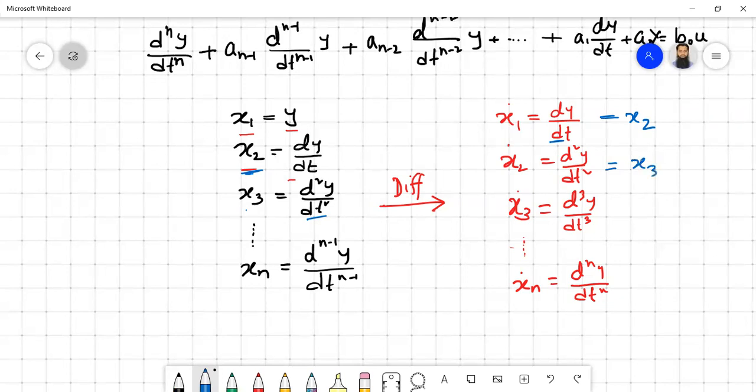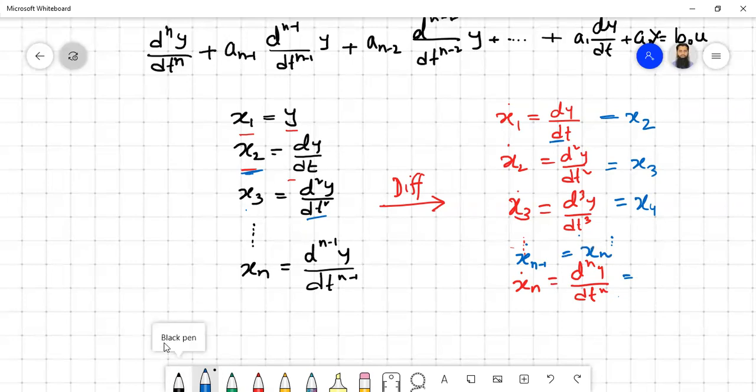And this one has to be x4. And consecutively, now you have to be careful about the last one. We know what will happen before the last one: xn minus 1 dot will be equal to xn.